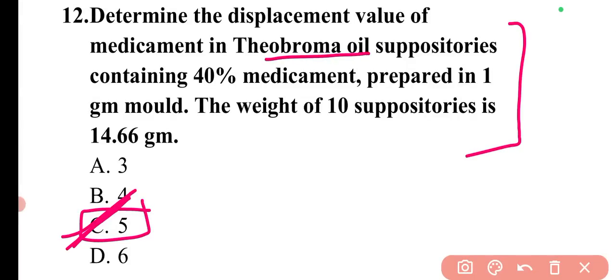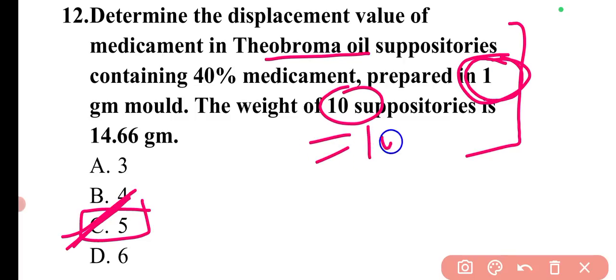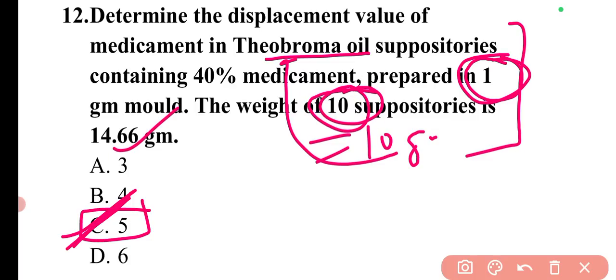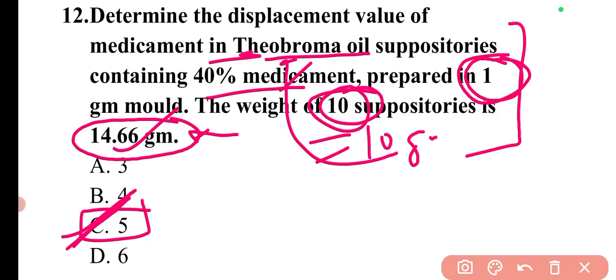There is no medicament, so from the mold, there is 1 gram of mold and a total of 10 suppositories, so there will be 10 grams of theobroma oil alone. Then we have the weight of 10 suppositories with medicament and theobroma oil, that is 14.66 grams. Then we find the amount of theobroma oil in this 14.66 grams and the amount of medicament here.